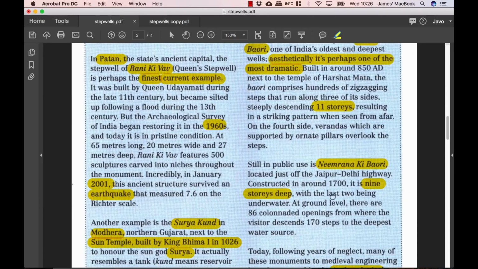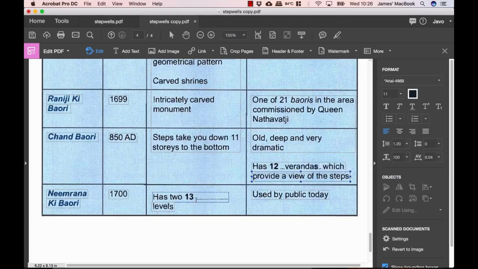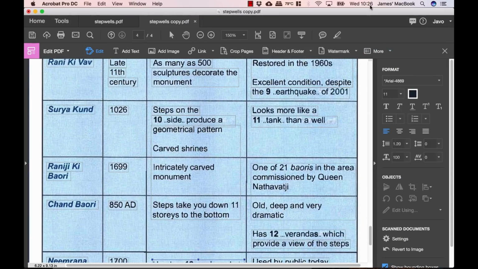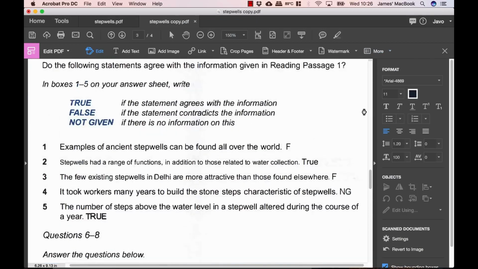It has something levels. 2 being underwater. There's the word 2 being underwater. So 9 stories, 2 being underwater. Alright, so underwater levels, used by public today. So we said we'd go until 30, so we've done quite well here, 4 more minutes.